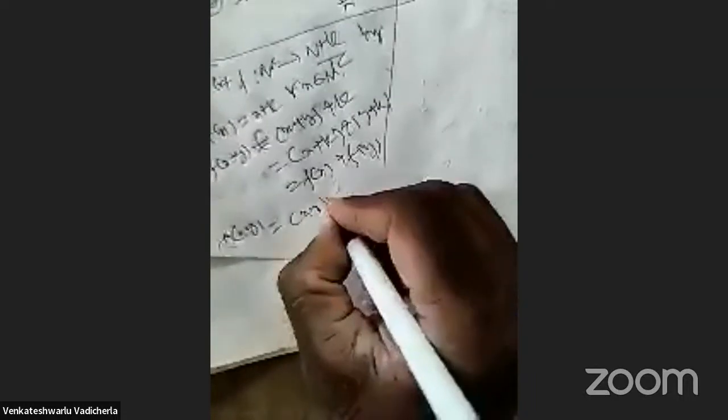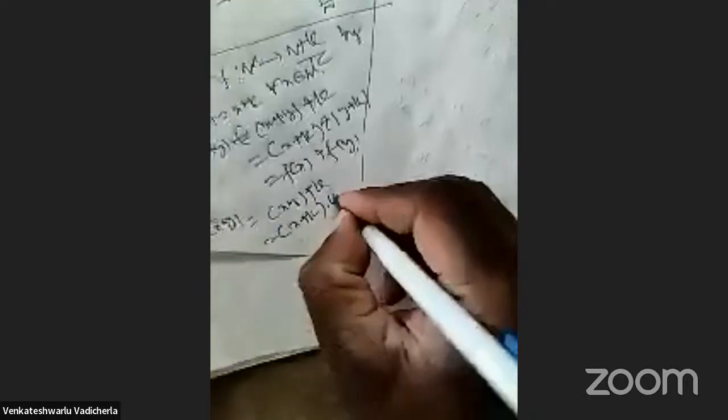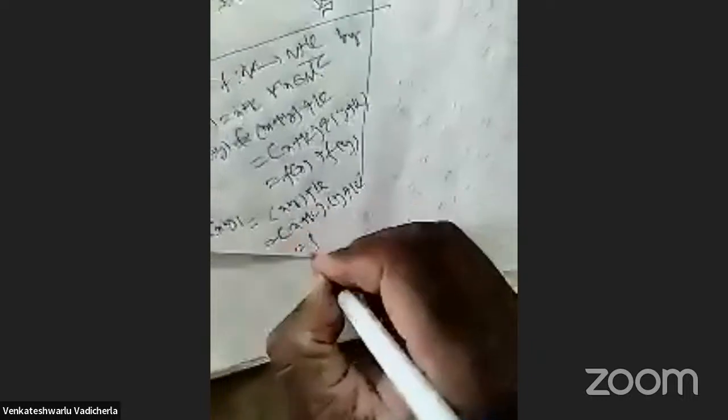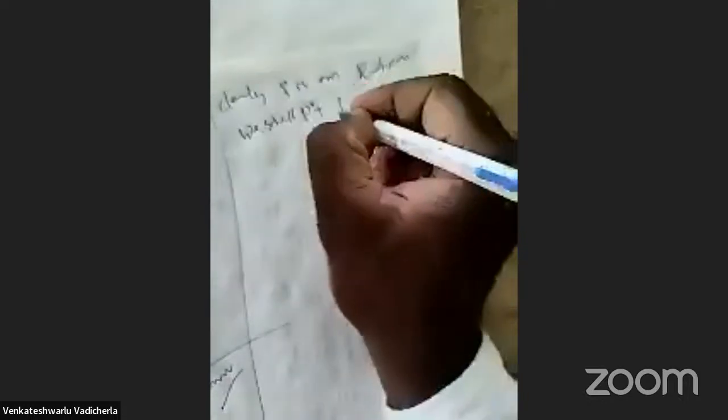F of xy is equal to xy plus K, which is x plus K into y plus K, that is f of x into f of y. Since f is an R homomorphism, we shall prove that f is onto.